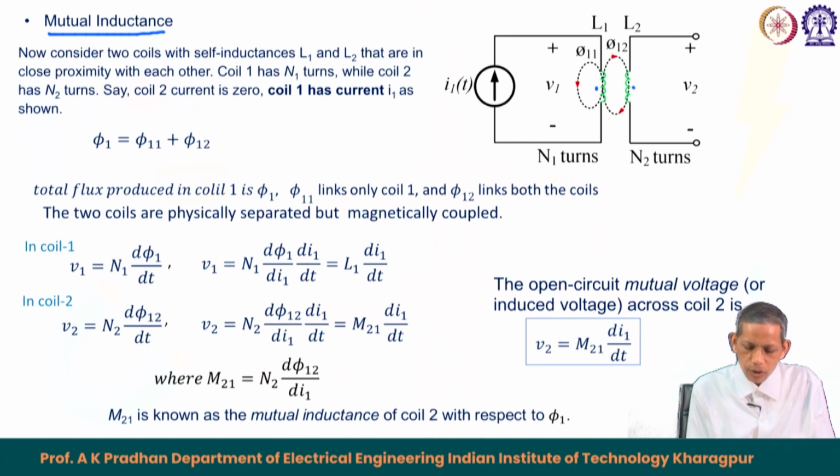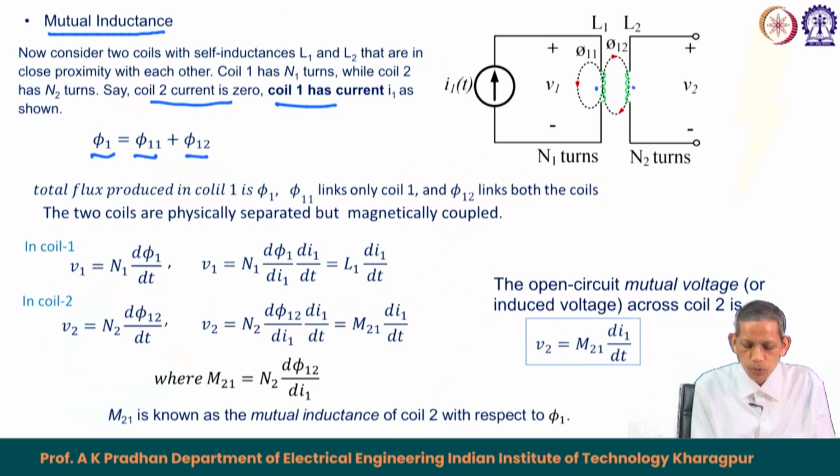Let us say coil 2 has a current of 0, and coil 1 has the current I 1(t). This establishes a flux of phi 1 through that coil; phi 1 links to the coil itself and phi 12 links to the other coil.